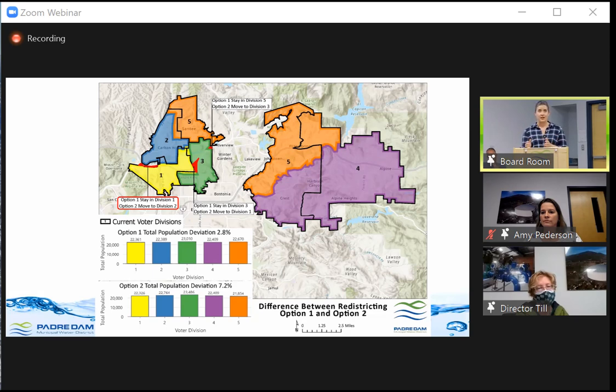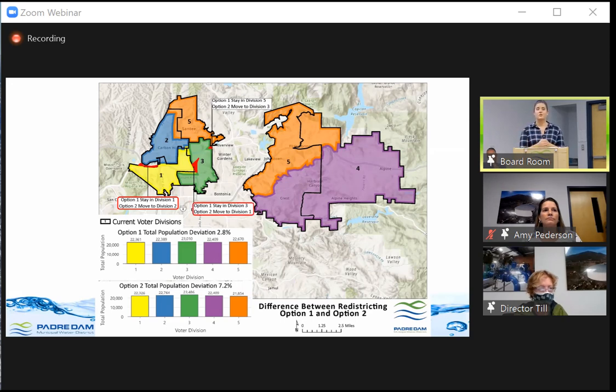Going from left to right, we're going to look at a little more detail. Look at the area on the left-hand side in the red. In option one, it's going to stay in division one. In option two, it would move to division two and follow its census block group.